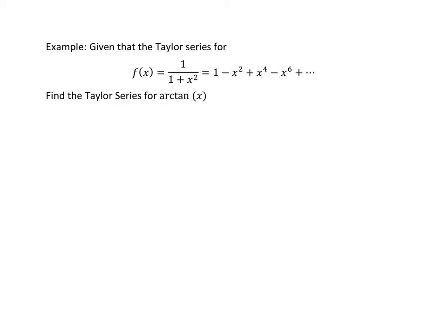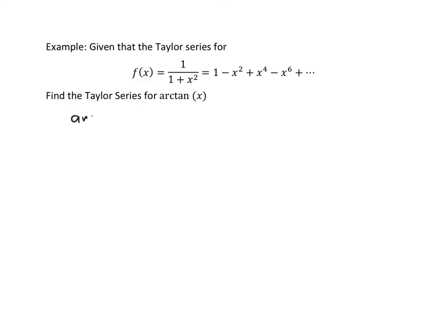We can also use derivatives, and we can also use integration. So let's say that the given Taylor series below is f of x equals 1 over 1 plus x squared, equals 1 minus x squared plus x to the 4th minus x to the 6th, and on and on. And I say, okay, use that fact to find the Taylor series for arctan of x. Well, the interesting thing about 1 over 1 plus x squared is that it's the derivative of arctan of x.